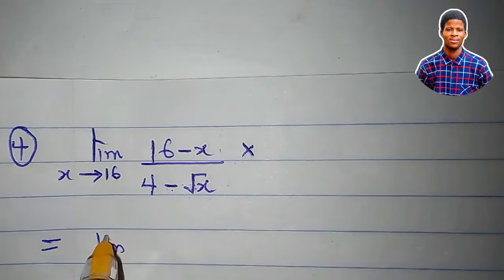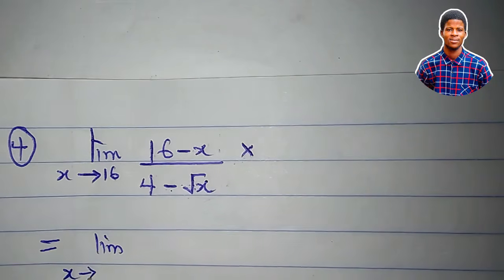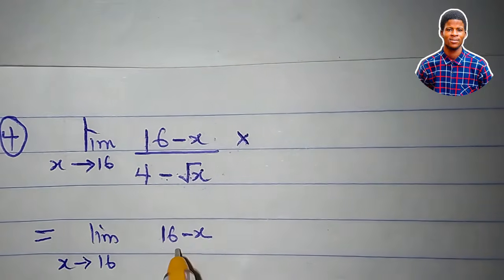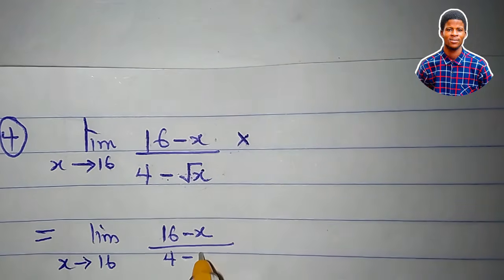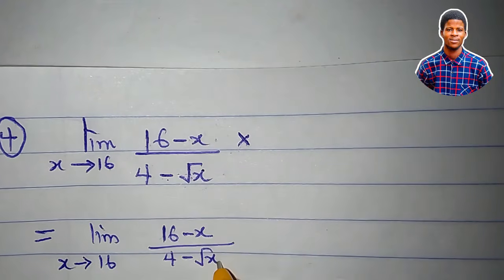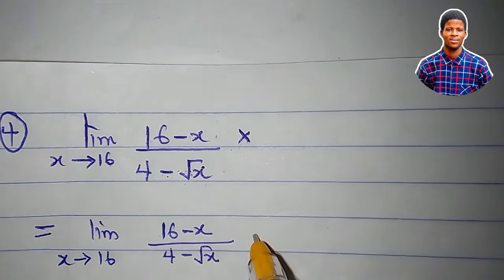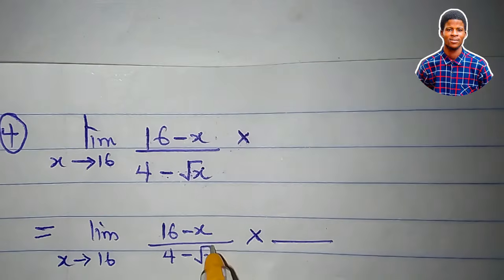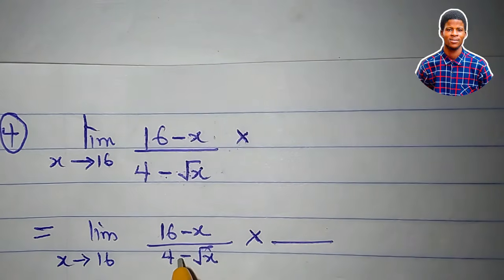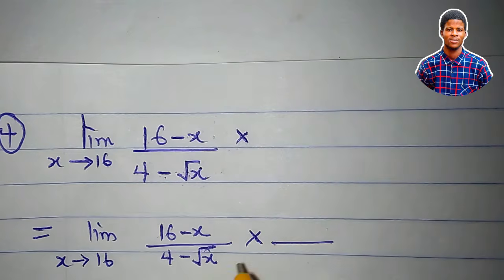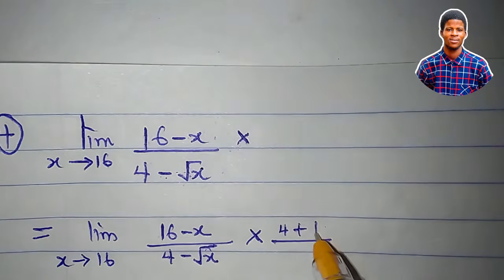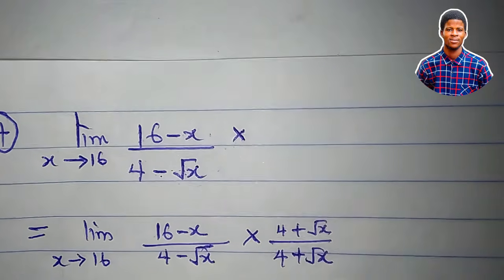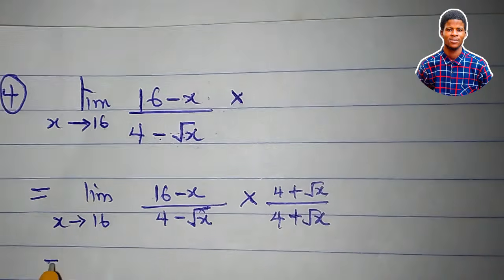The limit as x approaches 16 of 16 minus x all over 4 minus root x. So rationalizing means I'll multiply the top and the bottom by the conjugate of this bottom, 4 minus root x. The conjugate is 4 plus root x. 4 plus root x.